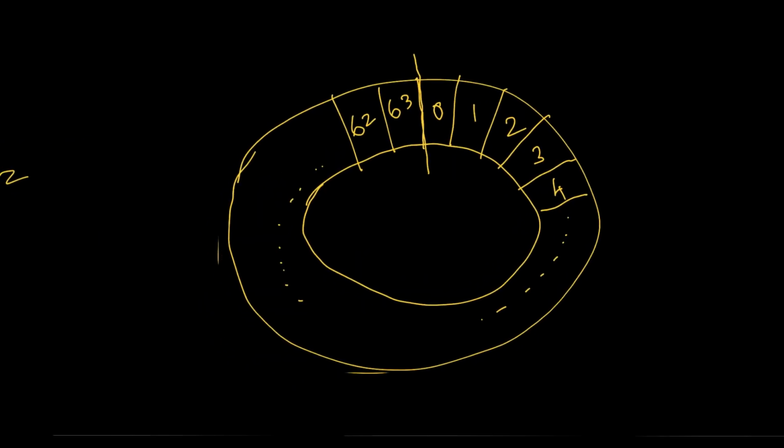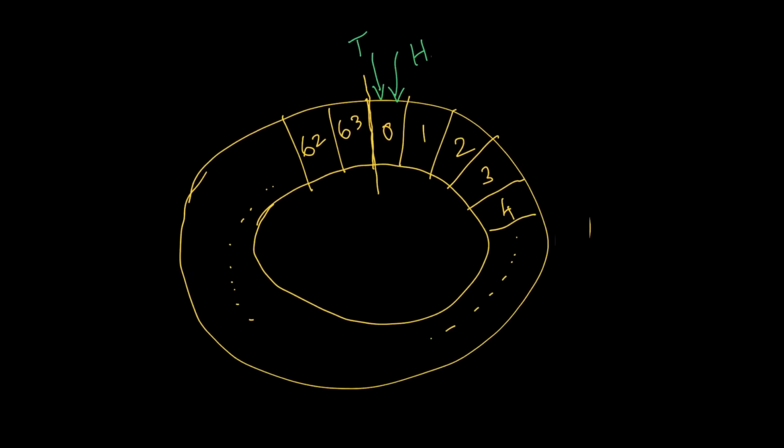This circular buffer will have two pointers. One is usually called the head pointer, and the other the tail pointer. When the FIFO is empty, both point to the same address, address 0.